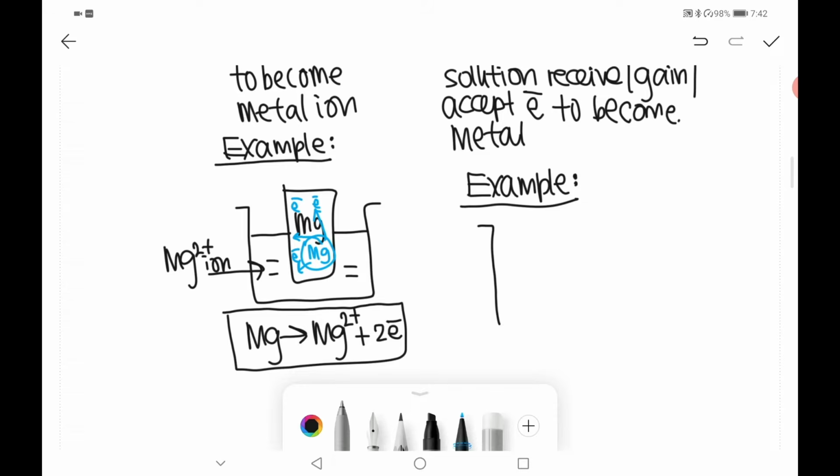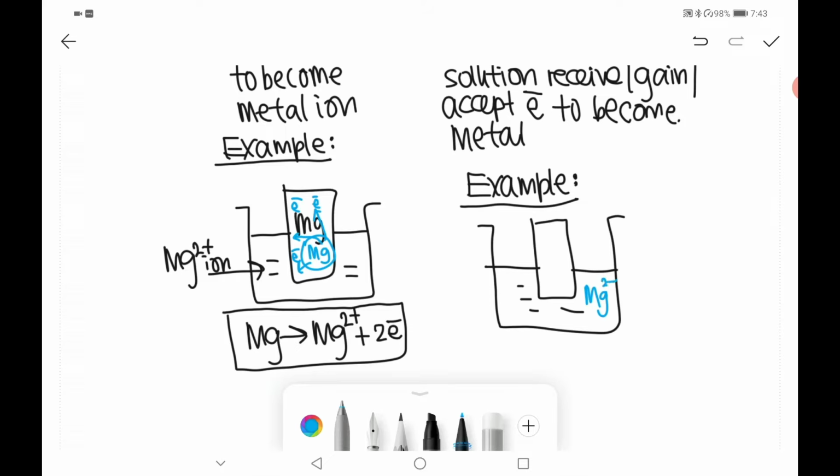So in the solution here, we have some metal ion. Let's say here we have some magnesium ion, let me use the blue color, Mg2+.